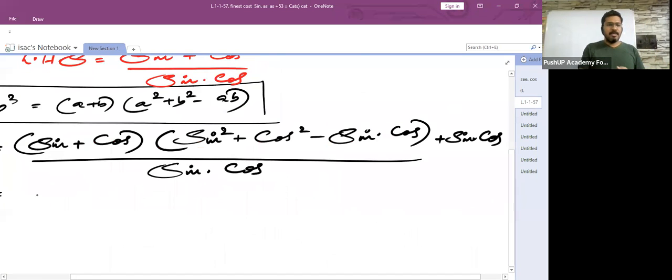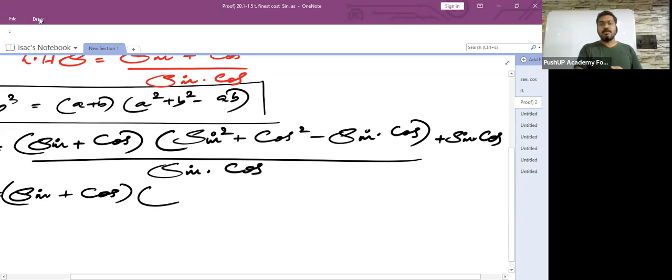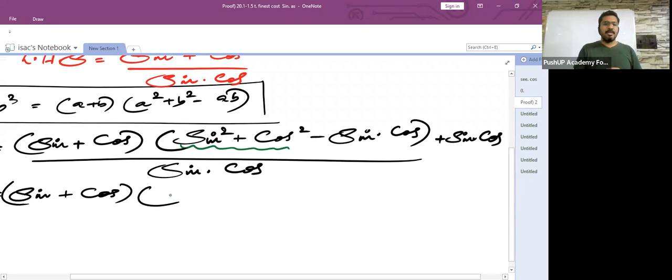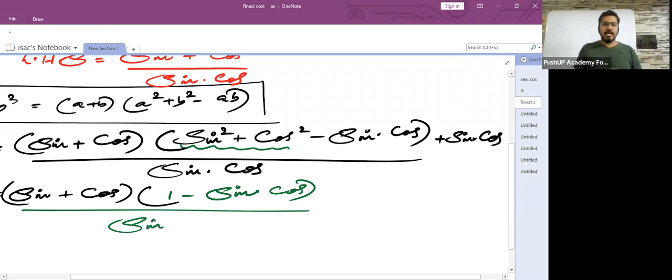So let it be here as it is, sine plus cos into, what is sine square plus cos square? You all know it is equal to 1, right? Sine square plus cos square is equal to 1. So I will write 1 minus sine into cos, then whole divided by sine into cos, then plus sine into cos. Easy.